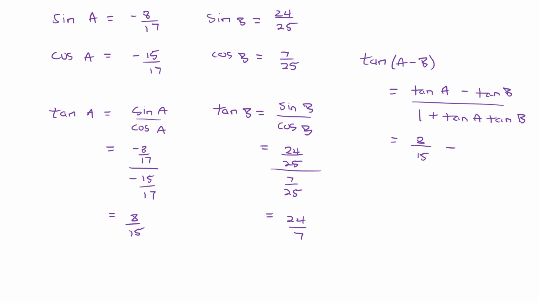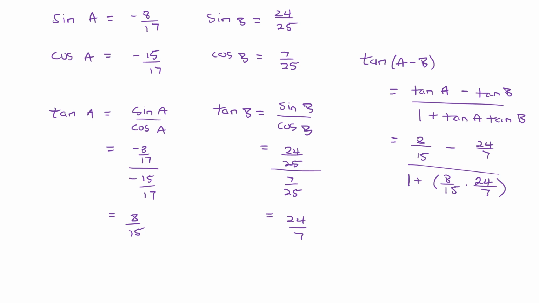We know the tan of B is 24 over 7. Then in the denominator, we have 1 plus the tan of A, which is 8 over 15, times the tan of B, which is 24 over 7. And so now we have to simplify this.